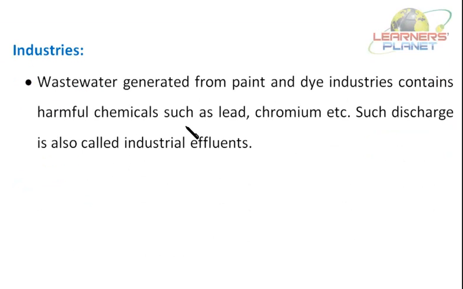Even from the industries, as we discussed, wastewater generated from the paint and dye industries contains harmful chemicals such as lead, chromium, etc. So such discharge is also called industrial effluents.